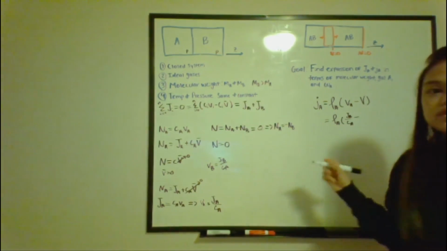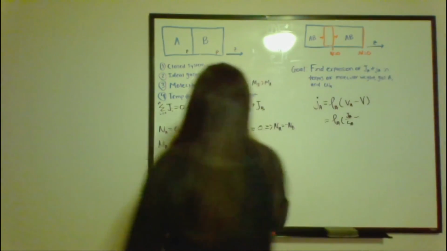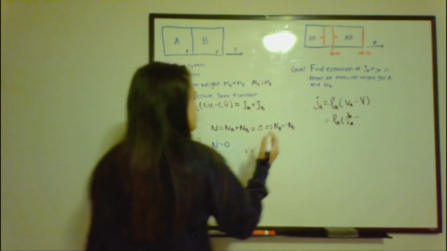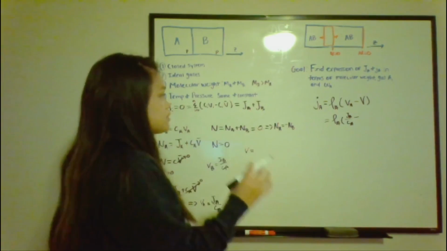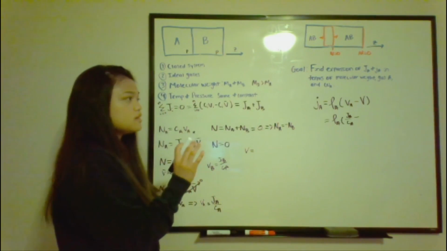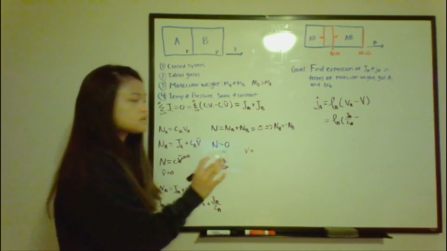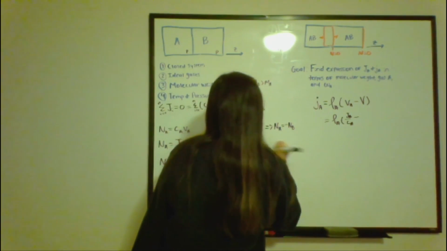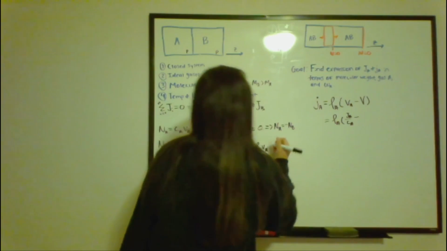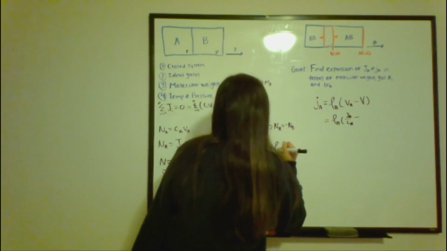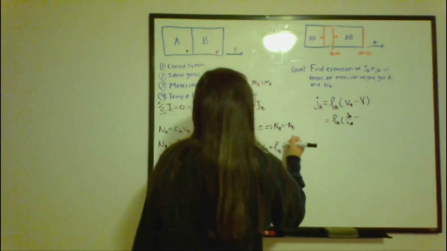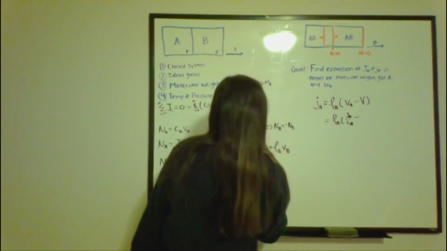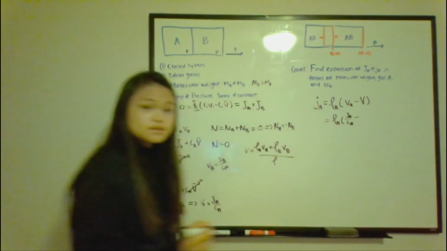Okay, what else? What's the mass average velocity? We can put it in terms of mass concentrations and the individual components' average velocities. So the mass concentration of A times the average velocity of component A, plus the mass concentration of B times the average velocity of component B, all over the density of the mixture.